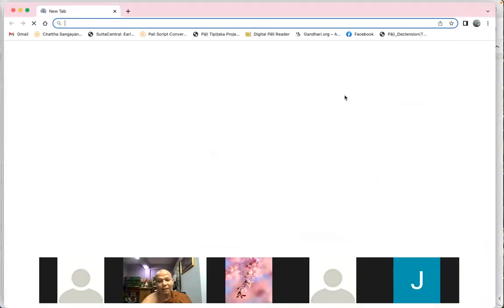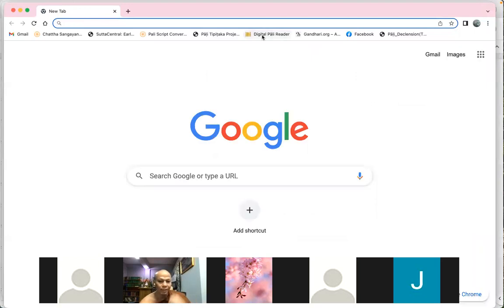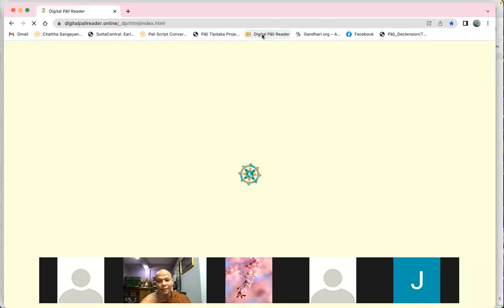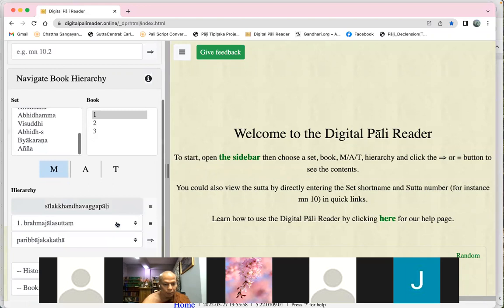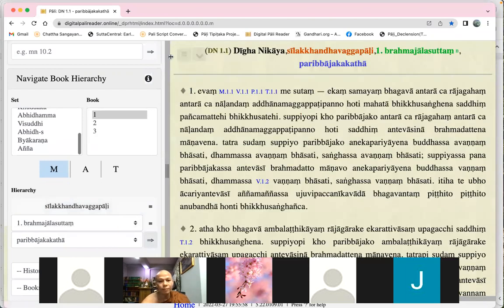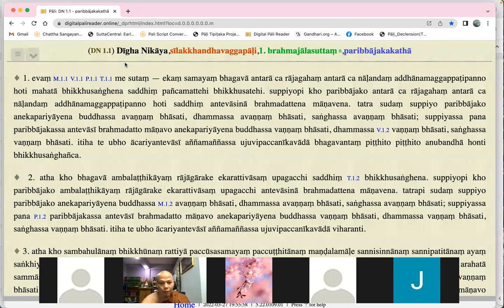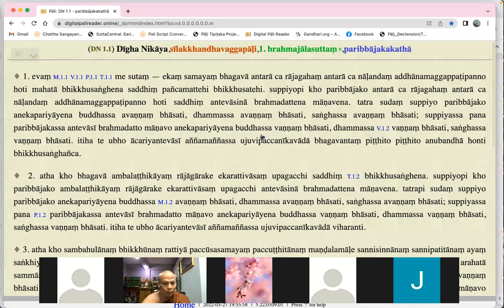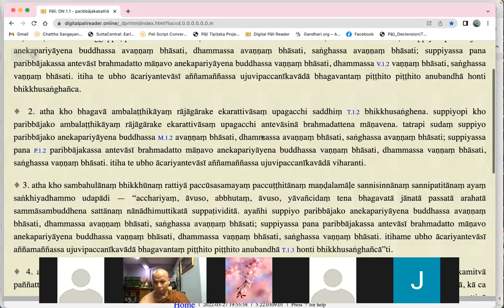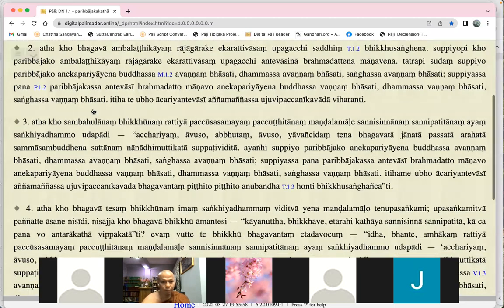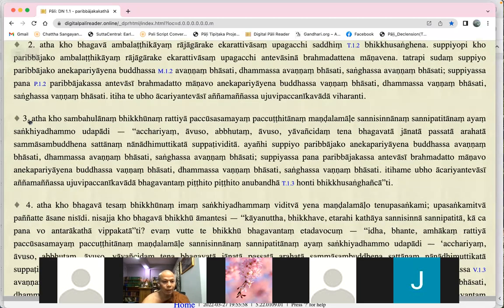So let's see. When we see the original paragraphs, we can understand that point easily. For example, now the Brahmajala Sutta. Ekam samayam Bhagava Viharati Jeta Vane Anathapindikassa Arame. So you see, number 3.